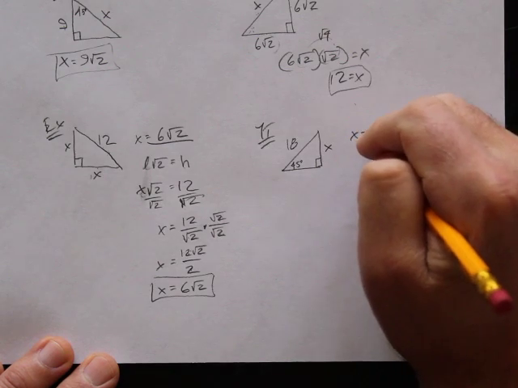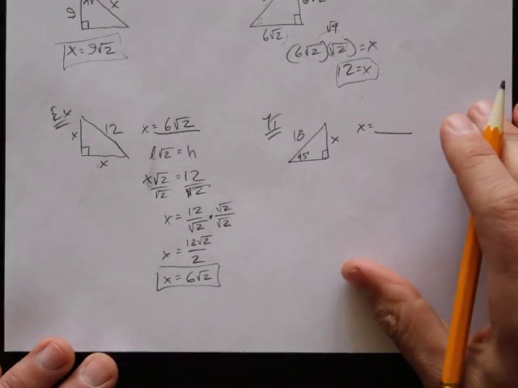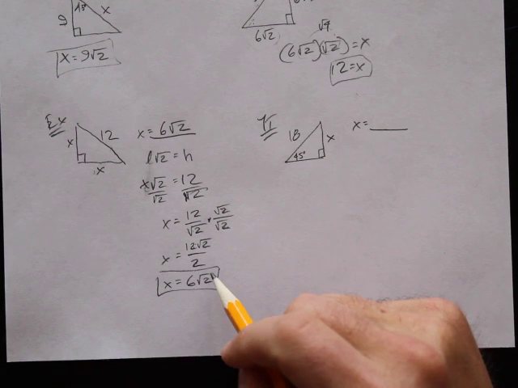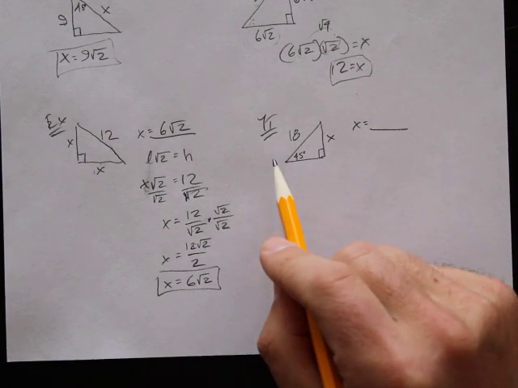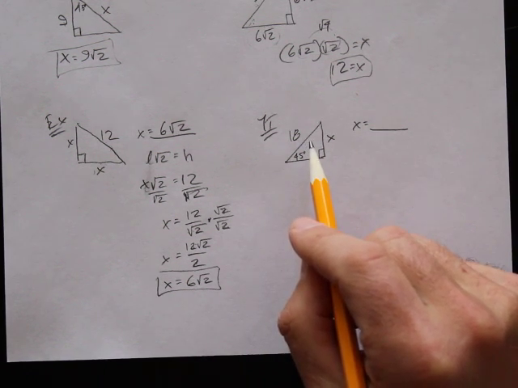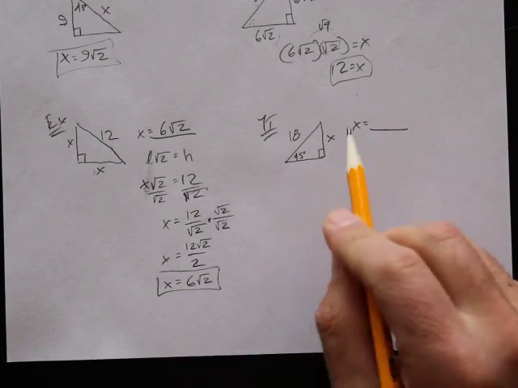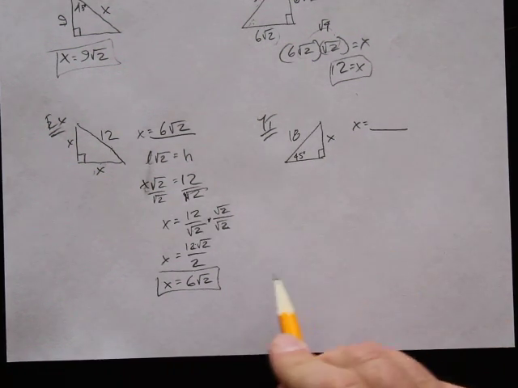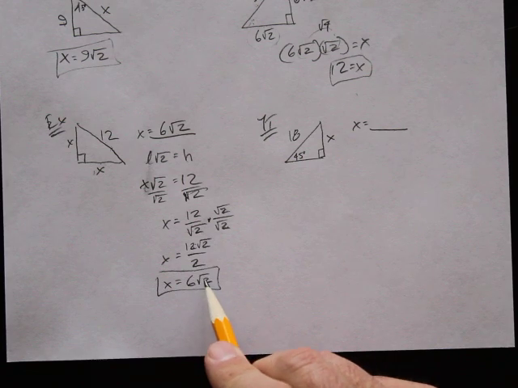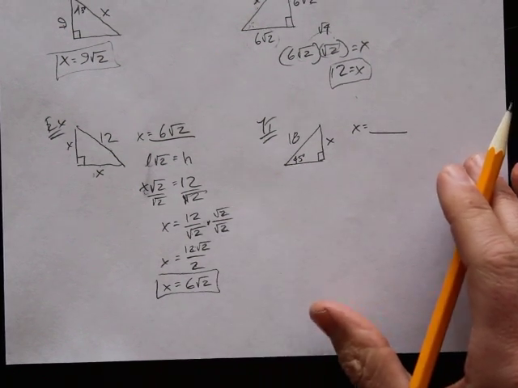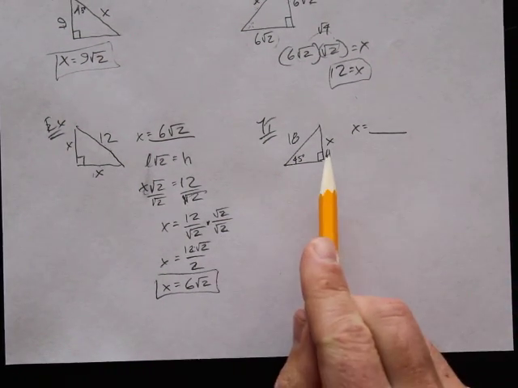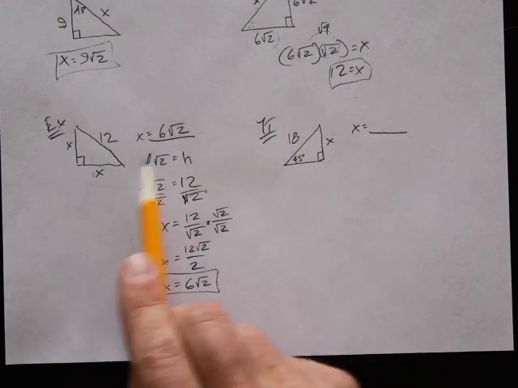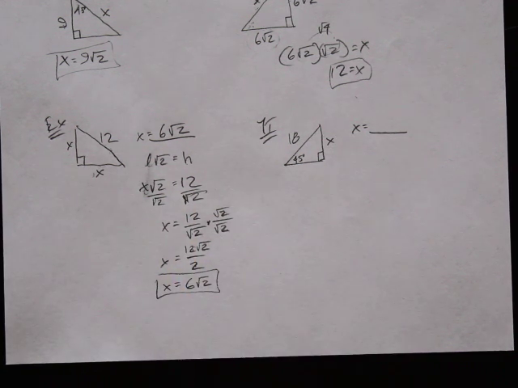I want to know what x equals. I want the exact value, which means I don't want a decimal. I want a radical sign if there is going to be one at all. Okay, so go ahead, follow this example to do this U-try. Go ahead and pause the video and get to work.